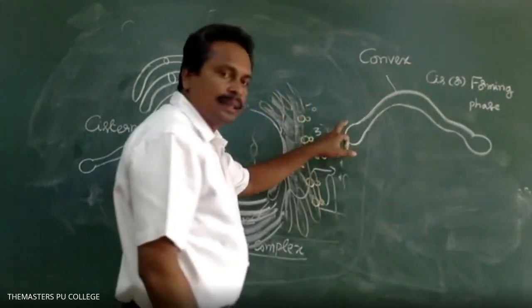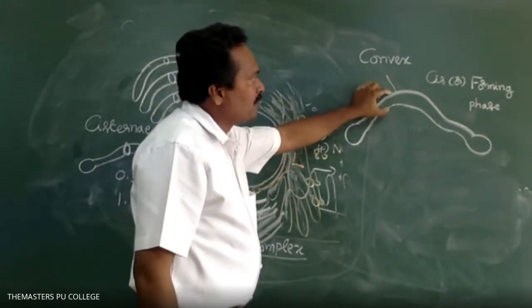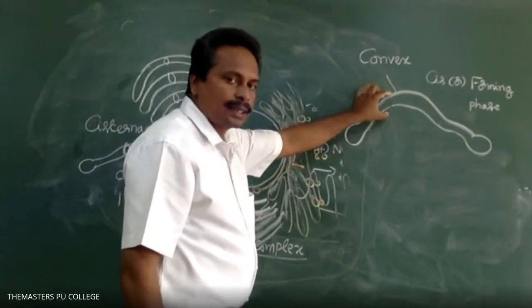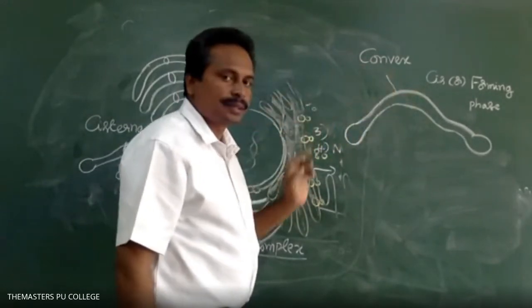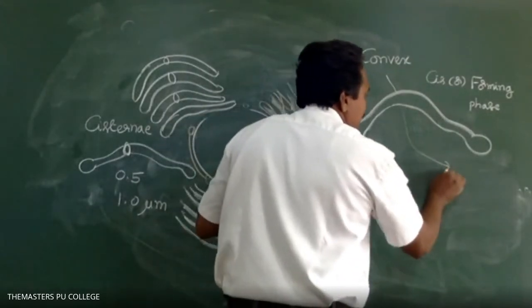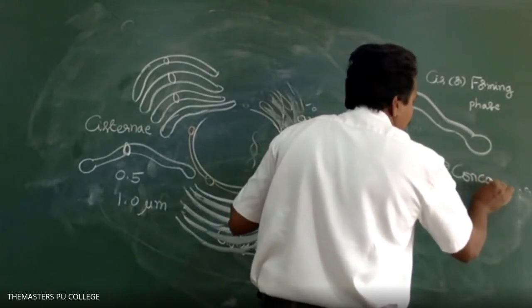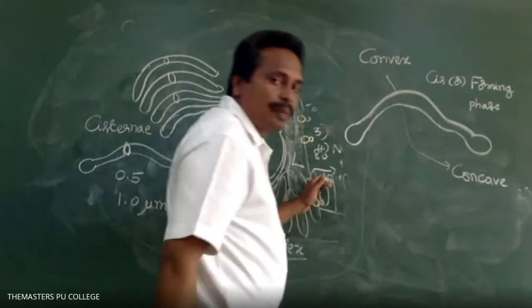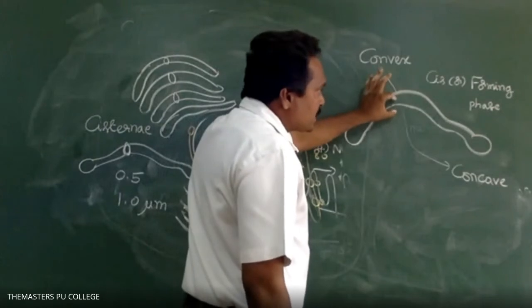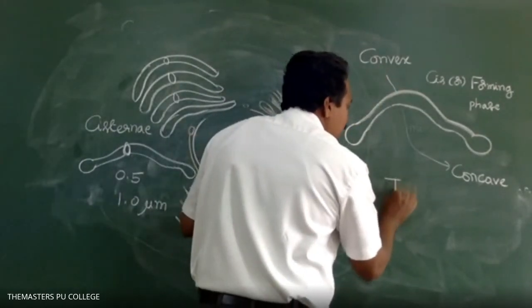The convex shape of the cisterna is called the cis or forming phase. The other side of the cisterna appears concave in shape. The concave shape of the cisterna is called the trans or maturing phase.